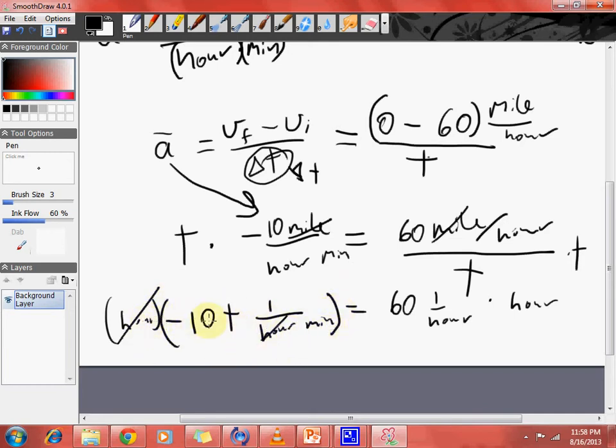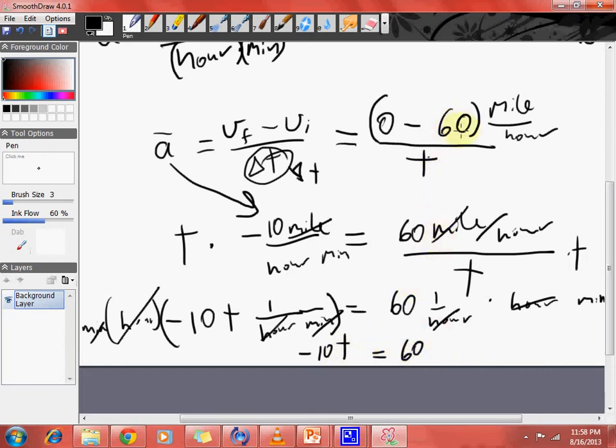The hours will cancel, leaving you with negative 10 time t times 1 over minutes, which is the units. Multiplying both sides by minutes, don't forget that this hour cancels out this hour. This minute now will cancel this minute, leaving you with negative 10t equaling 60.